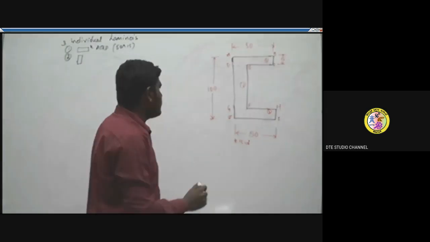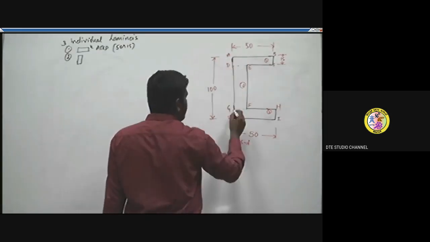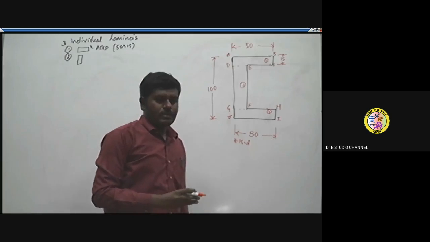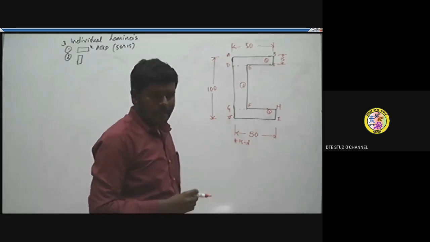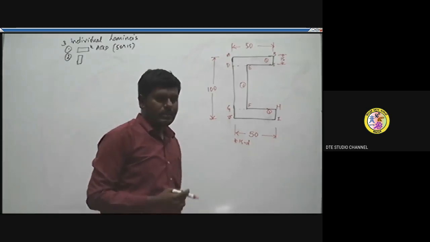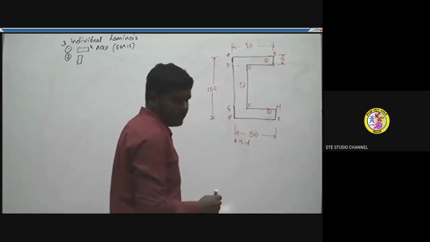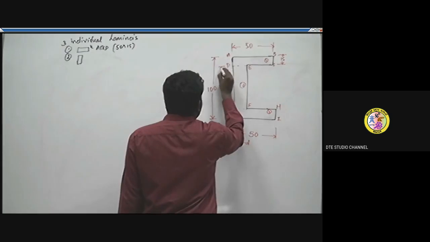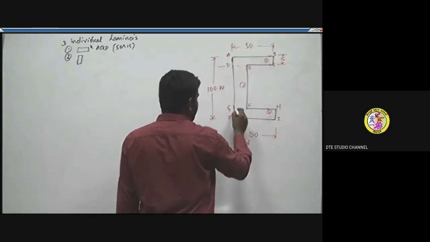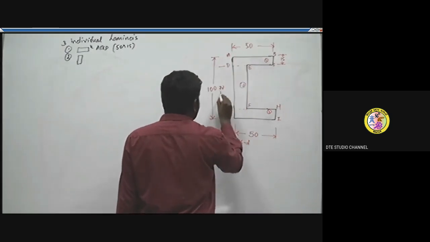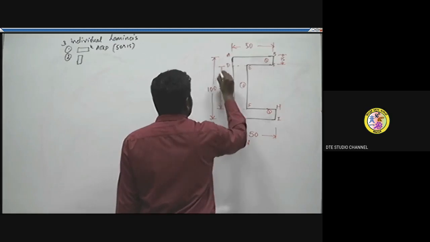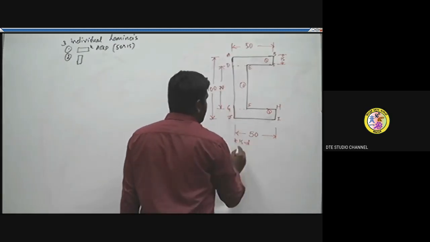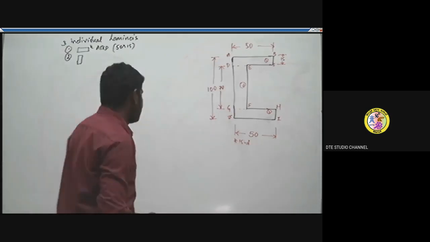That is 100 minus 15 minus 15. On both sides it is subtracted by 15, so 100 minus 30 gives you the cross section 70. That is, this distance is 70. After subtracting 15 from the top and 15 from the bottom, we have a breadth of 70, and its length is 15 mm, as given.